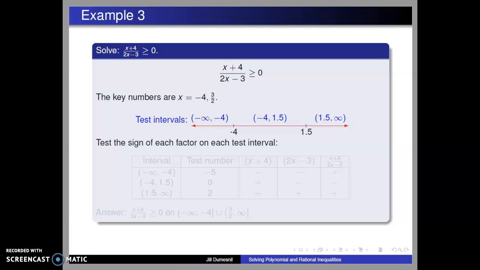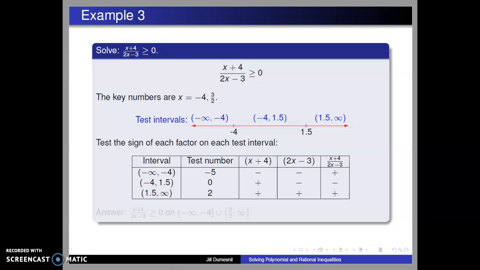We test the sign of each factor on each interval. Again, we can choose convenient test numbers from each interval. Notice that the numerator x + 4 is negative until we input a test number greater than x = -4.